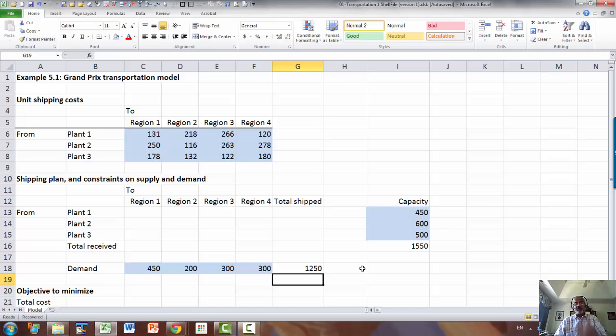But if it is the other way around, if the total demand is greater than total capacity, then some of this demand will not be met. So in that case, what we have to do is to add an additional capacity, which will be a pseudo capacity or dummy capacity.